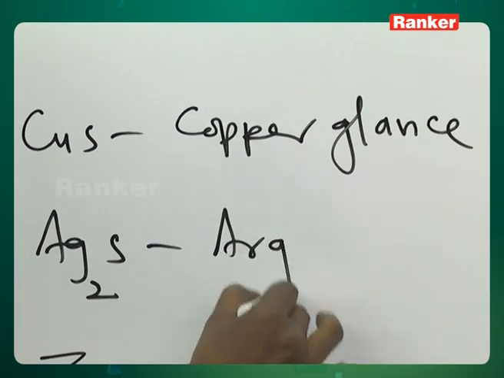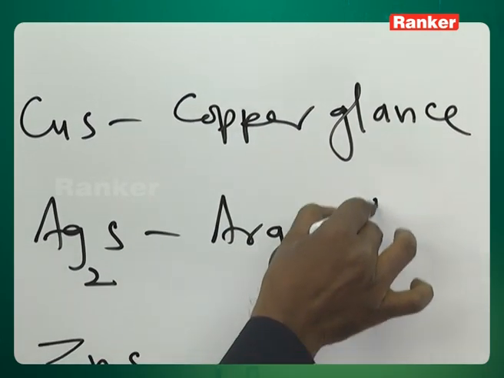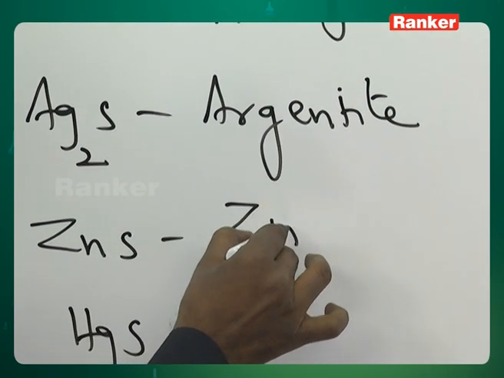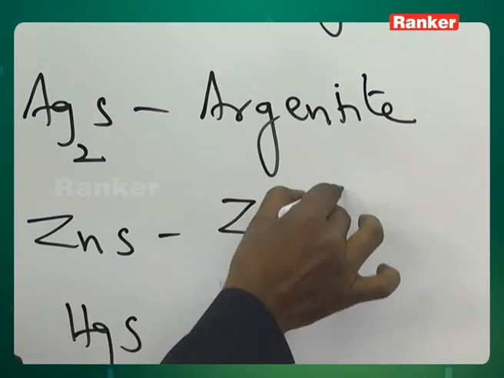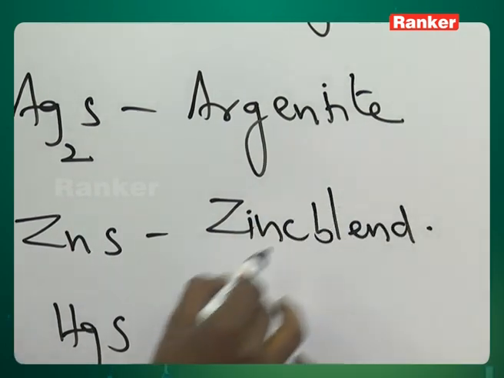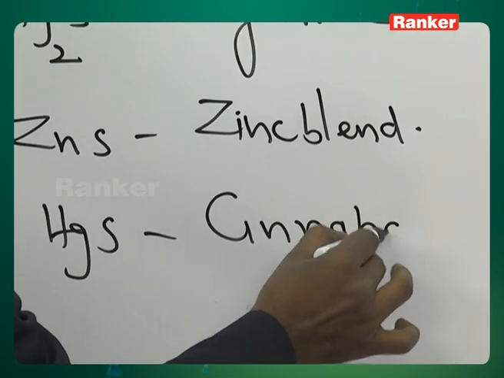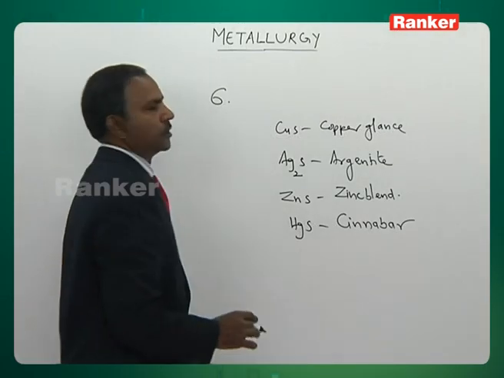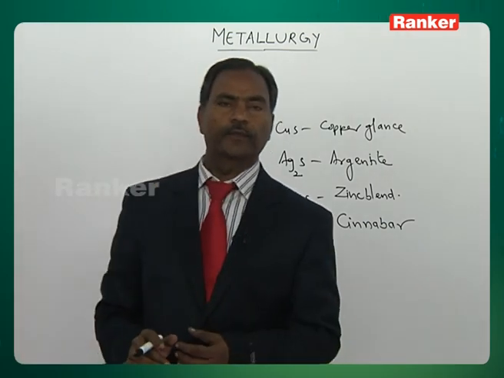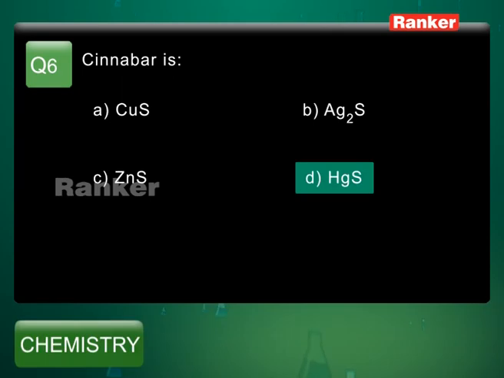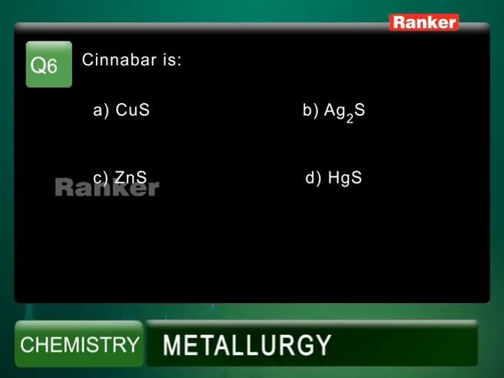Ag2S is argentite. ZnS is zinc blende. HgS is cinnabar. Cinnabar is an ore of mercury, and HgS is known as cinnabar. See, question number 6, answer is D.